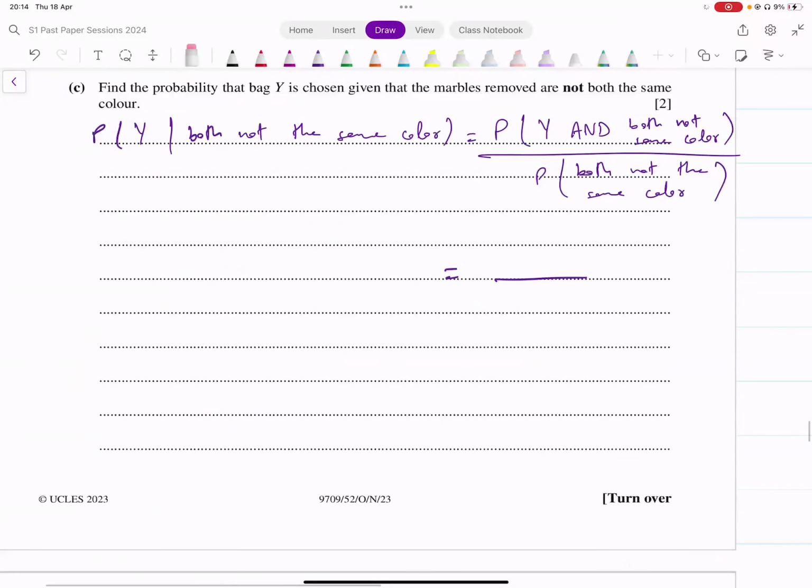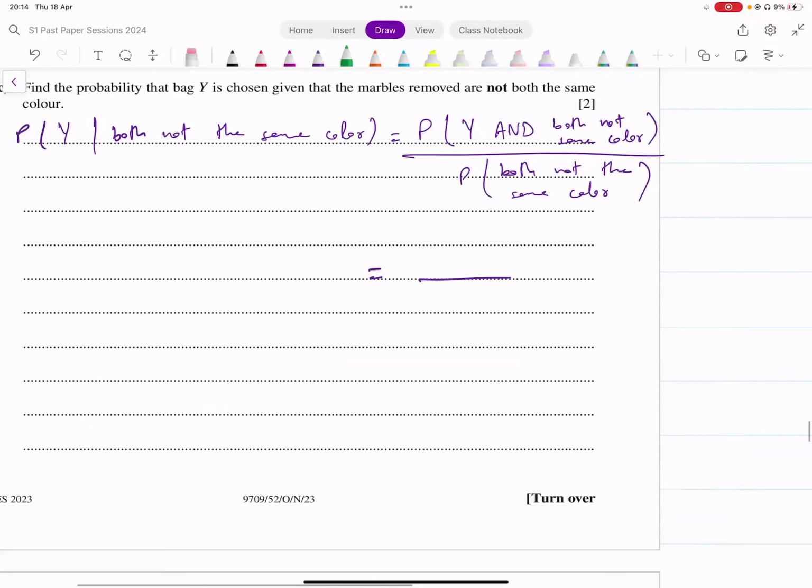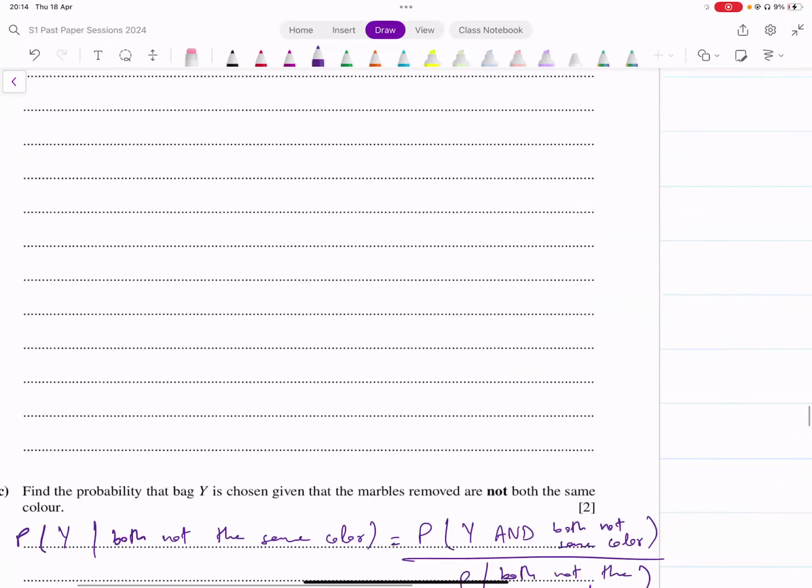So this probability, both not being the same color, is basically 1 minus 0.595. The probability that you've calculated in the first part, subtract that from 1, and that will give you this probability.